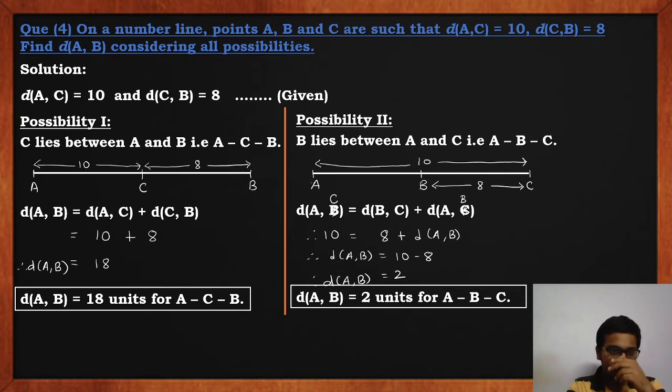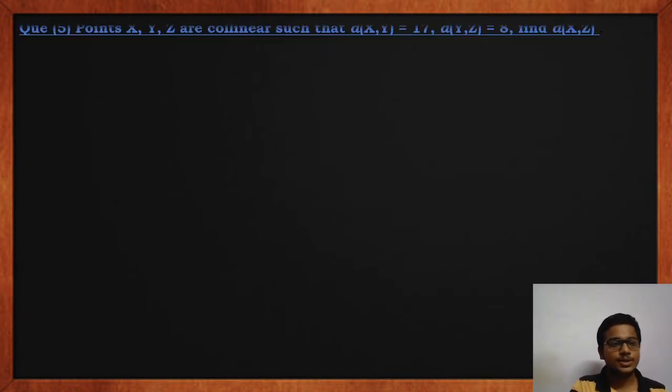Okay, we'll move to the next question, that is question number 5. In question number 5, it is written that points X, Y and Z are collinear in such a way that distance XY is 17, distance YZ is 8. Find distance XZ. Now again, we'll draw the figures and analyze the possibilities, because distance XZ can come in many ways in this particular condition.